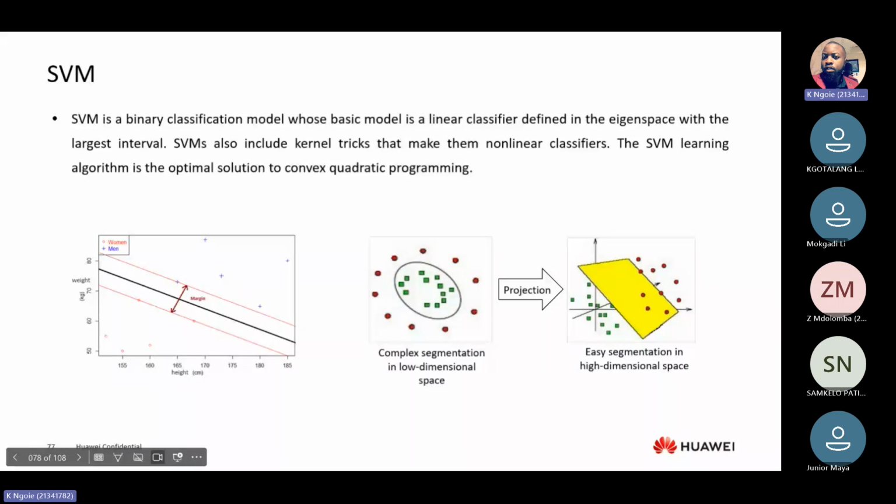Okay, guys, please tell me what's the difference between a binary classification and a multi-class classification problem? What's the difference? Guys, please, what's the difference between a binary classification and a multi-class classification problem?